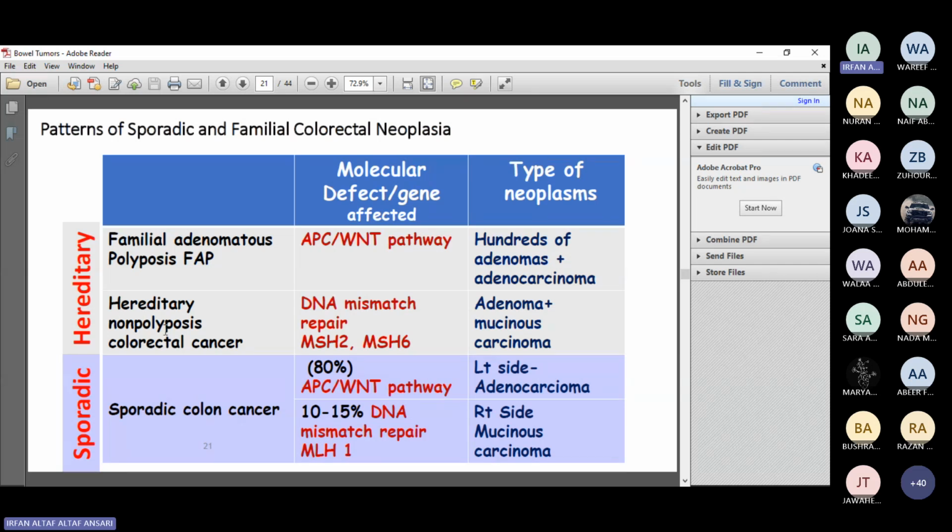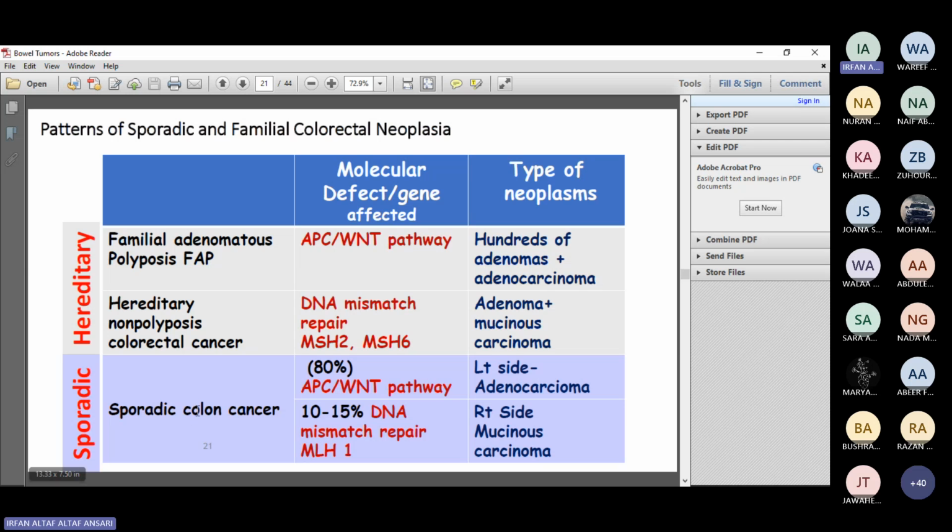Hereditary non-polyposis colorectal cancer involves the DNA mismatch repair genes MSH2 and MSH6, and leads to adenoma and mucinous adenocarcinoma. Here, plain adenocarcinoma; here, mucinous adenocarcinoma.